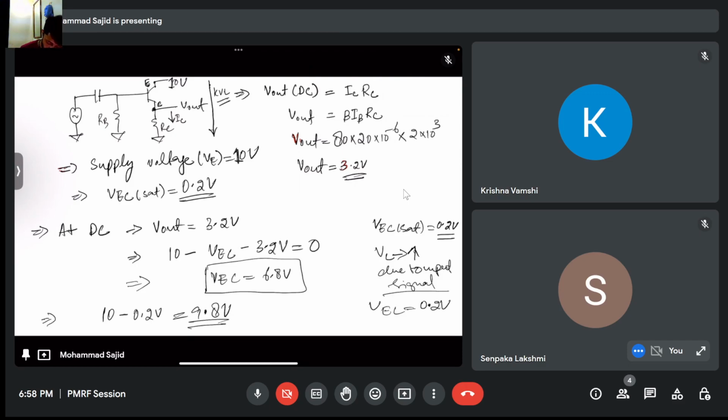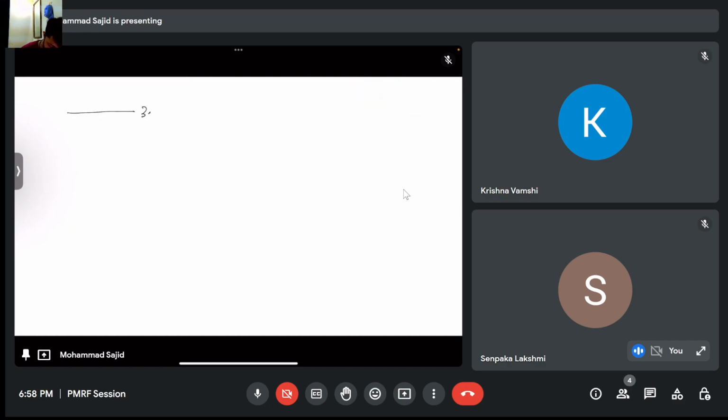Okay, so now you have this 3.2 volt as a reference. You can go a maximum of 9.8 volt, right? So if you have an input signal which can go a max of 6.6 volt, but now if you have this peak voltage of 6.6 volt, and since it is at 3.2 volt, it can drive the transistor to cutoff, and what will happen is you will have a distorted signal at the input.